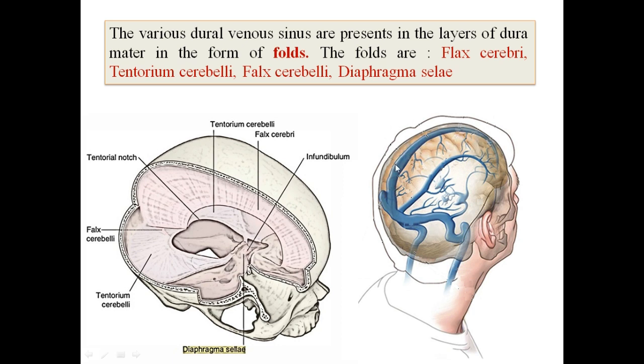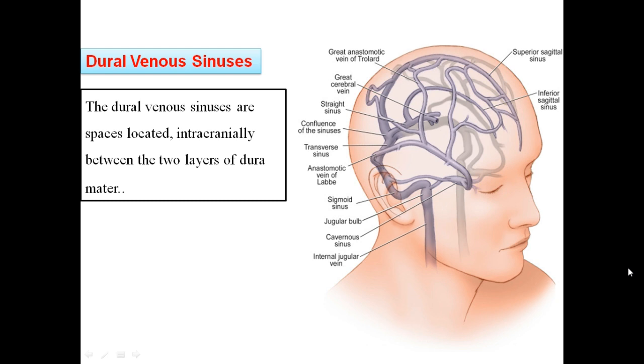Approximately 21 sinuses are present, paired and unpaired. The dural venous sinuses are located in the intracranial cavity. All the venous sinuses are present within the two layers of the dura mater.